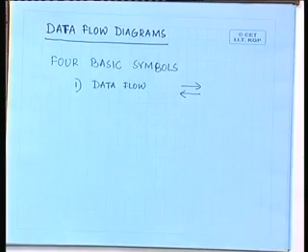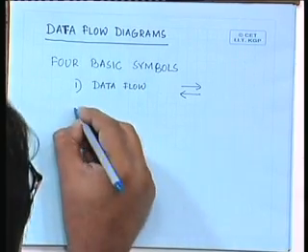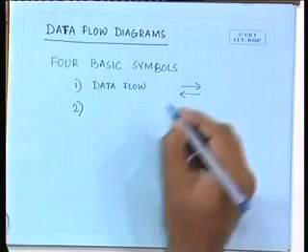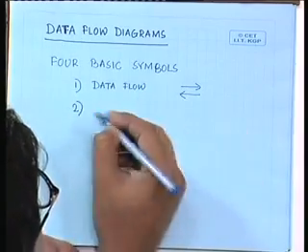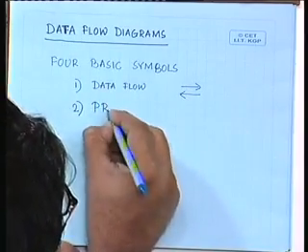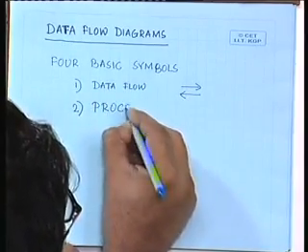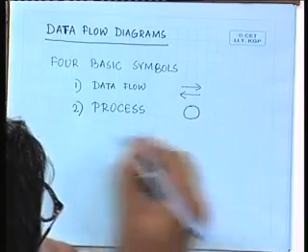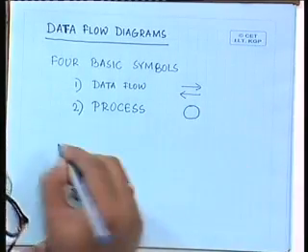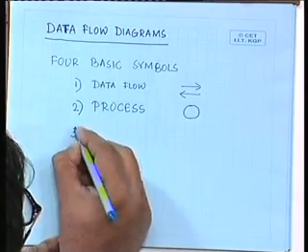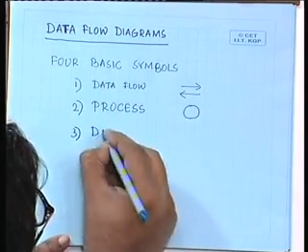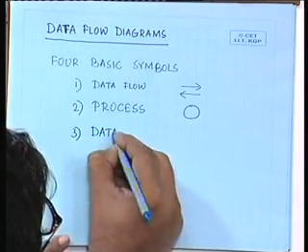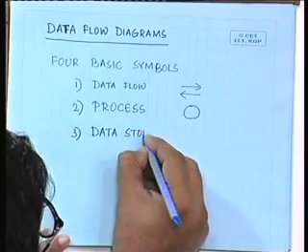The first one is the data flow symbol, right. The second one is called a process symbol, that is shown in a circular manner. The third one is a data store symbol.